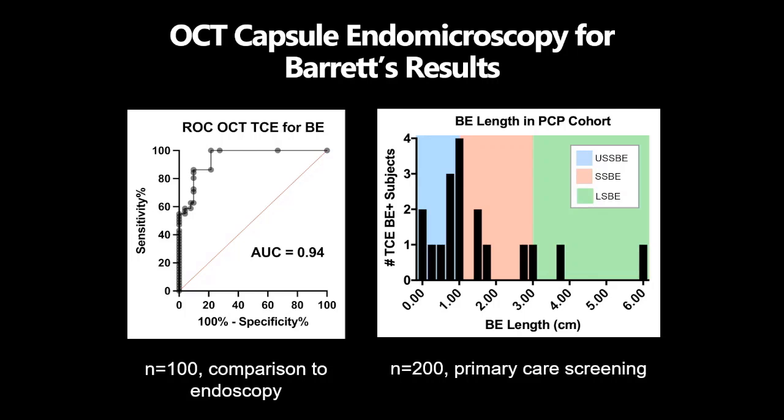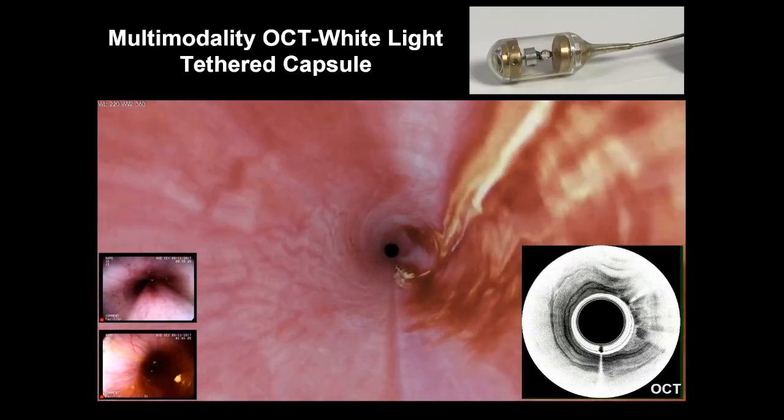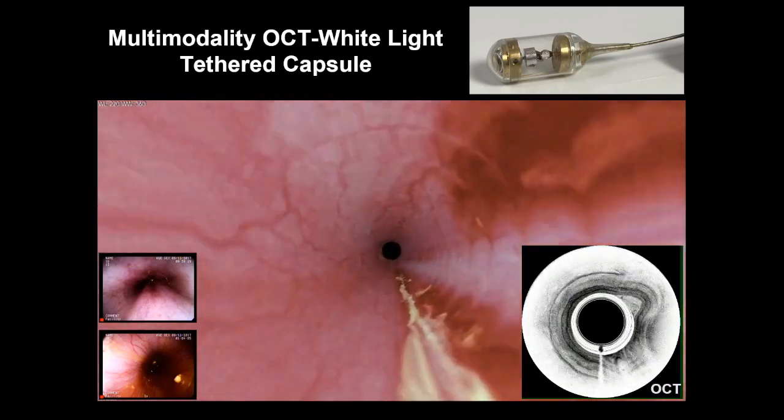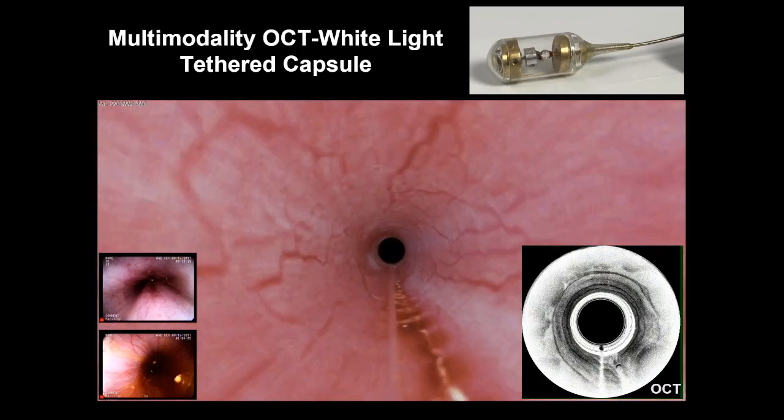So lots of people have it, and most people who have it don't know it. Most of the time when people present with esophageal cancer, it's very advanced, and only 20% of them will survive after 5 years because of that advanced presentation. So it's a really big problem. The mortality rate of esophageal cancer is higher than that of many of the other cancers, even the ones that have much higher prevalence.